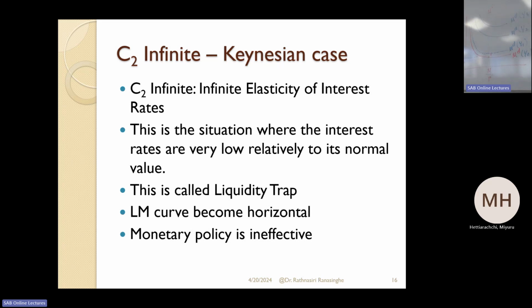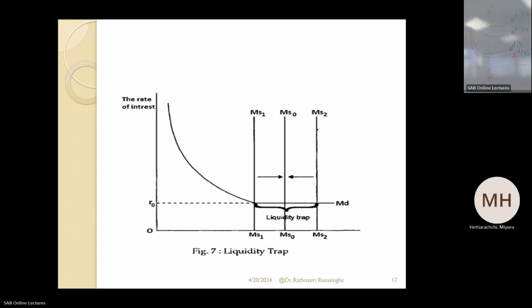I'm not going to explain those things because we can discuss the effectiveness of monetary policy later. As I mentioned, the money demand curve is nearly horizontal under these circumstances, at a very low level of interest rate. The money market we identify as a liquidity trap situation.